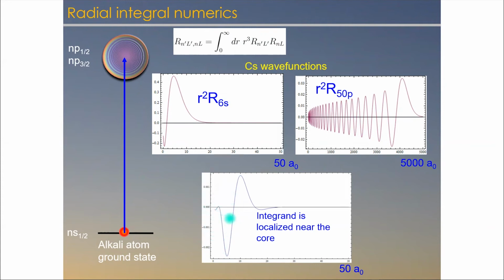Everything is happening at the core, even though the wave function is extended. That's because a free electron cannot absorb a photon. This Rydberg electron way out there, away from the nucleus, is approximately a free electron. It's not a free electron, it's bound, but it acts like one. And so the actual transition is occurring in the core, not out at the edge, because that's where all the amplitude is in the integrand.